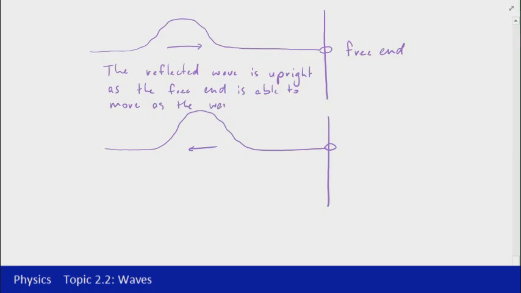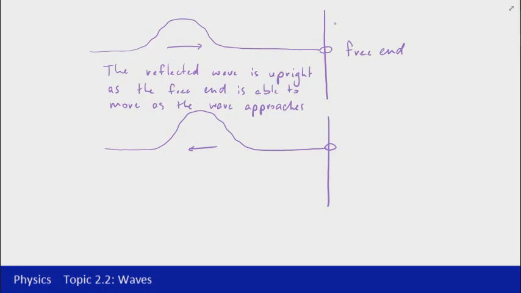So in being able to move, it means that as the wave approaches, this ring can then move upwards, and so then as the wave has hit that point and starts to reflect backwards, the ring then starts to move back down to its original position, and so the reflected pulse looks exactly the same on its way back. In this case, the same because it's symmetrical.